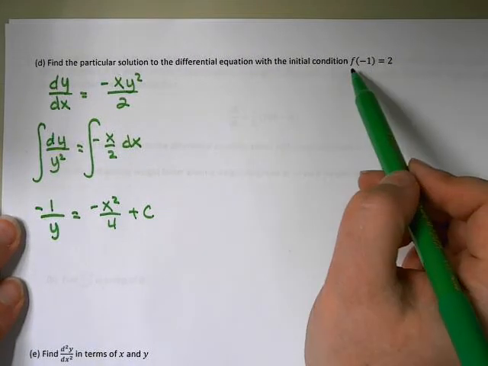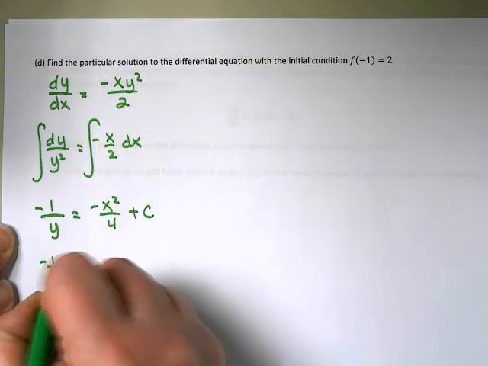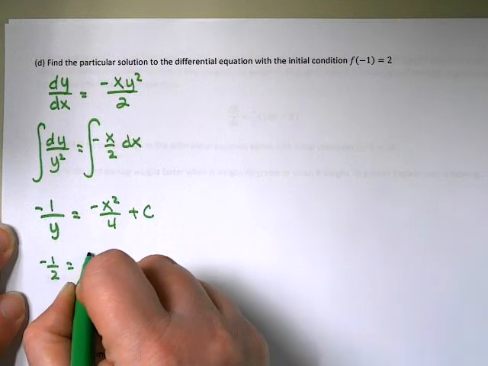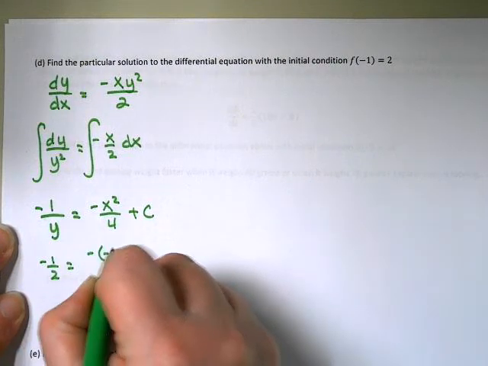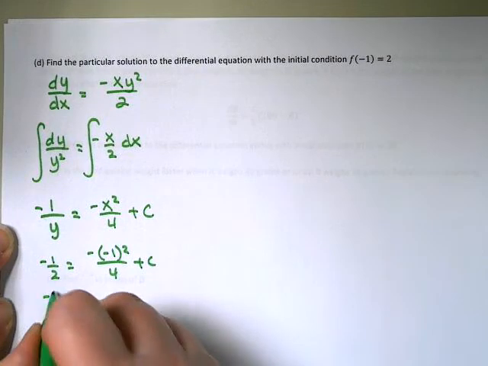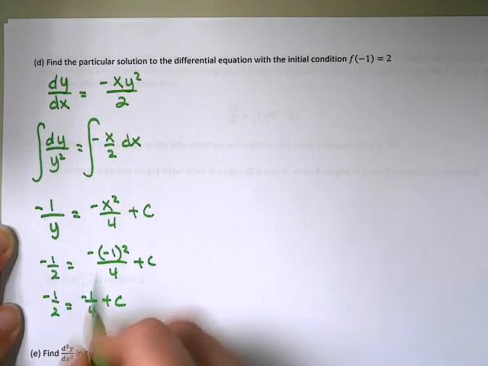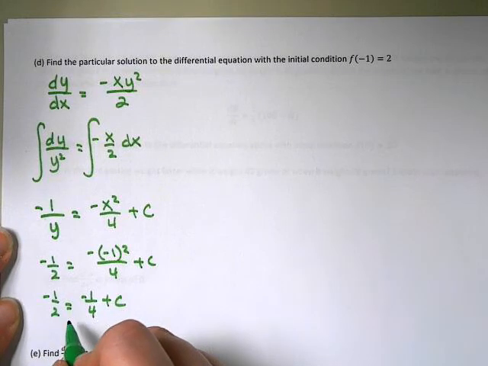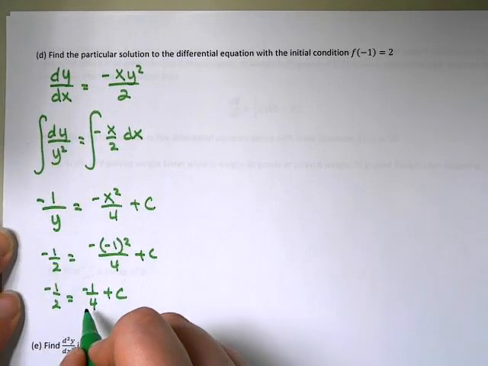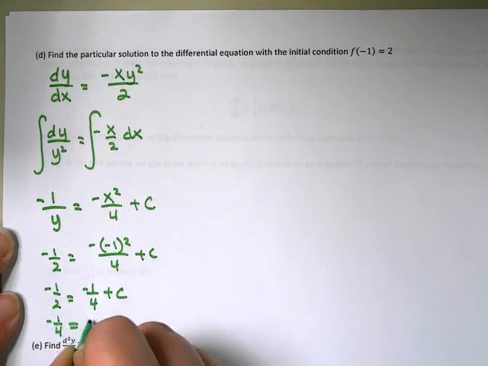We were told that we've got this point negative 1, 2. So that means we're going to have negative 1/2 equals negative 1 squared over 4 plus c. So negative 1/2 equals, this becomes then a negative 1/4 plus c. And if I add 1/4 over to the other side, I would have negative 1/2 plus 1/4. That would end up being negative 1/4 for our c value.